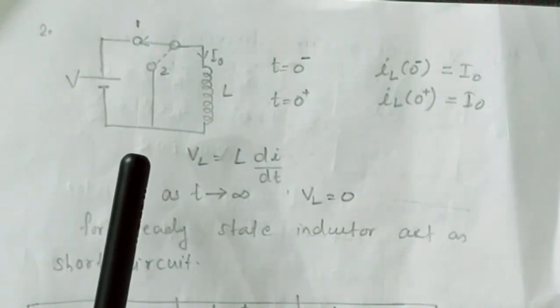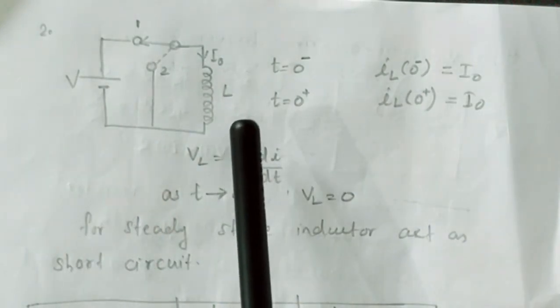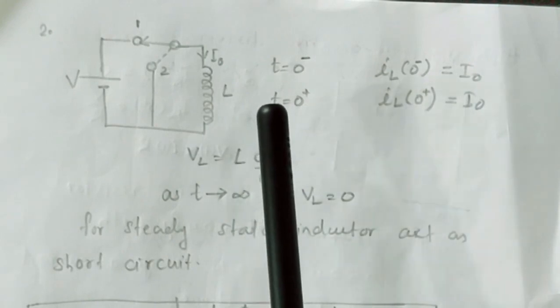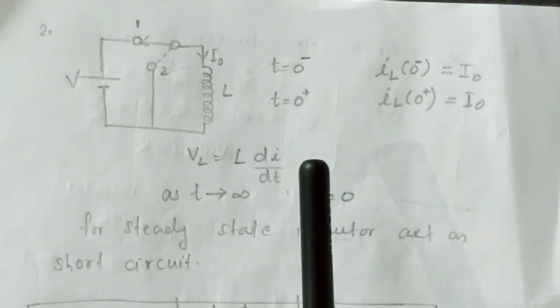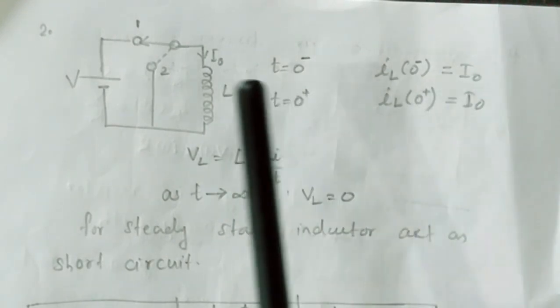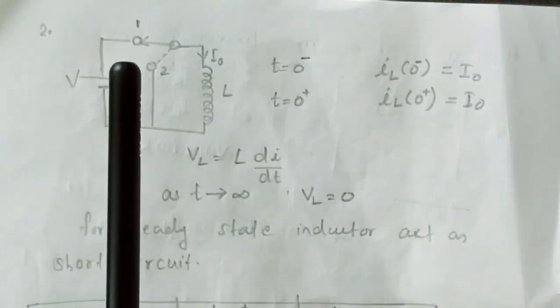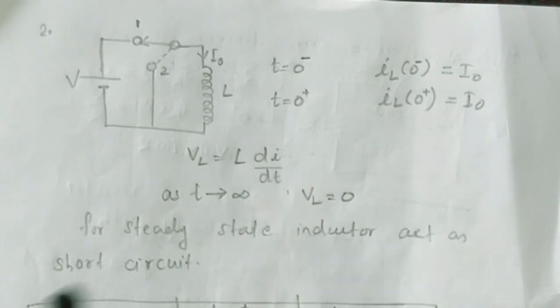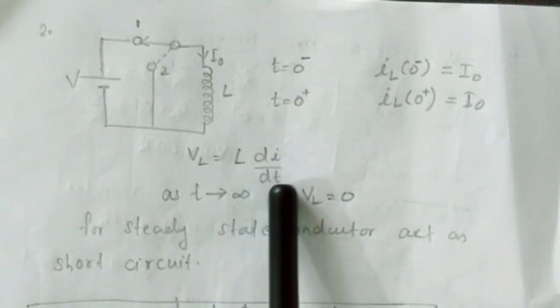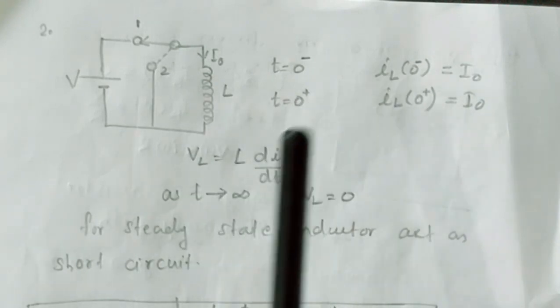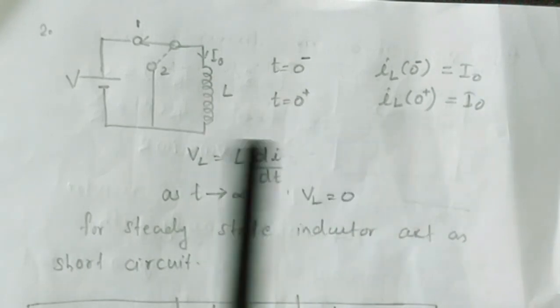Under that condition, immediately after switching, that is t is equal to 0 plus, current through the inductor remains I0. We know the inductor voltage during the transient period is L into di by dt. So as t tends to 0 immediately after switching, VL becomes infinity.